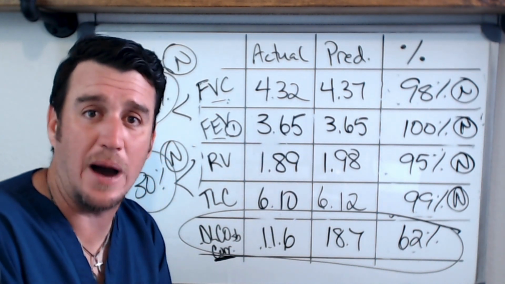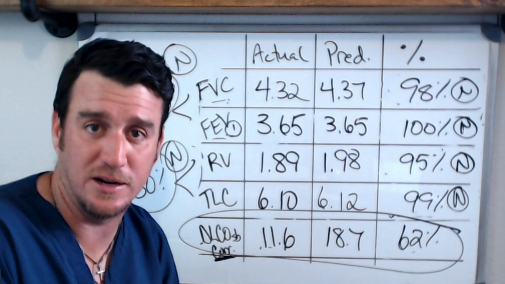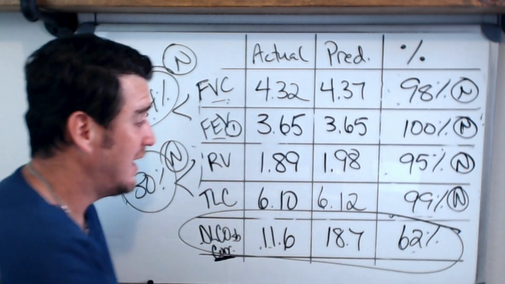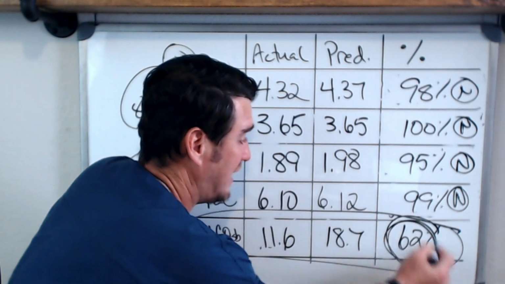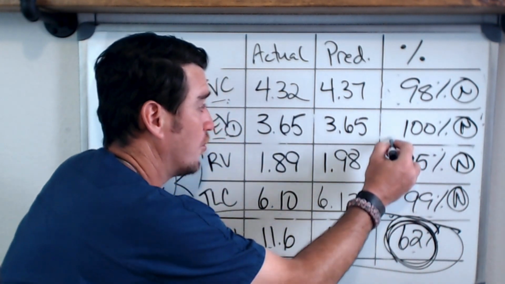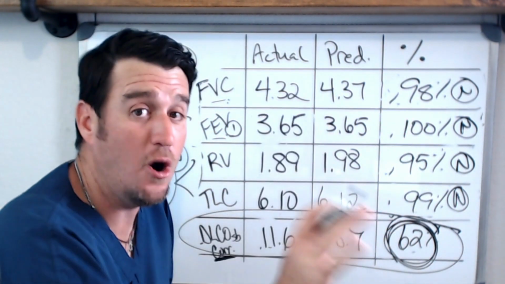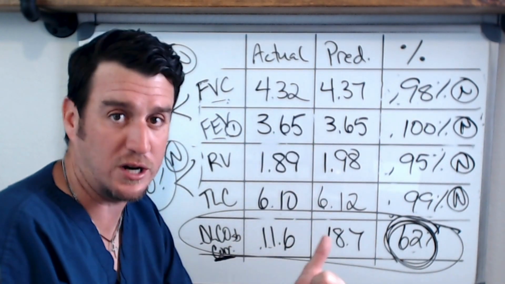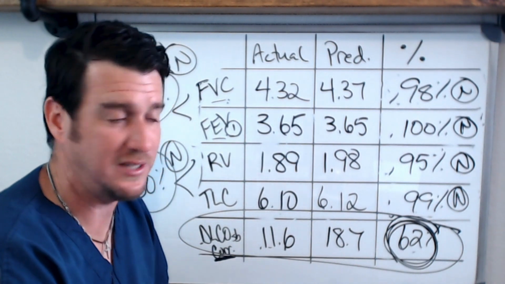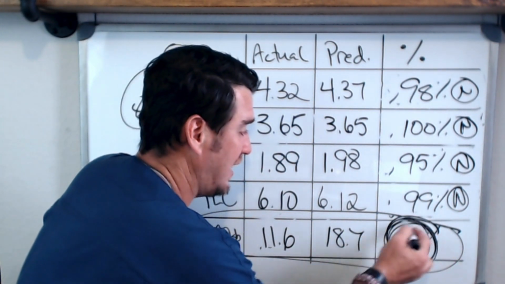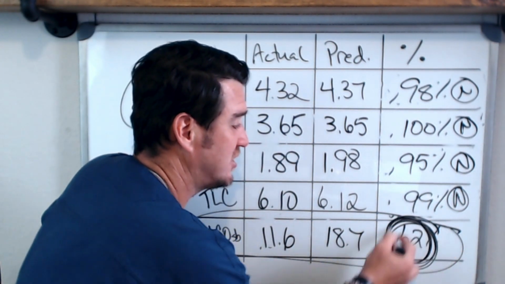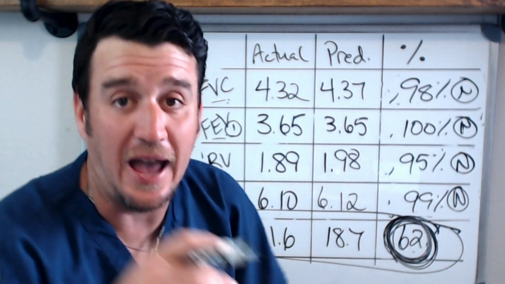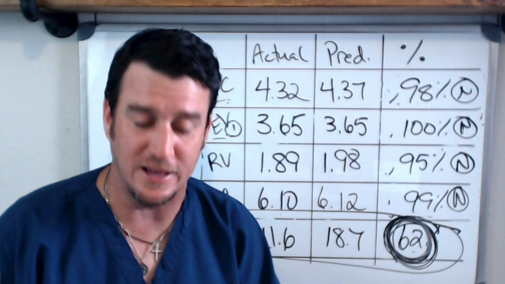Okay, you've got no problem with air coming in and out of the lungs, but the problem is with your pulmonary capillary blood flow, evident by this right here. Normal, normal, normal, normal. No airflow problems, no volume problems, no obstructive disease, no restrictive disease. But this right here tells you that you have something going on with the pulmonary capillaries, and you need to figure out what it is.